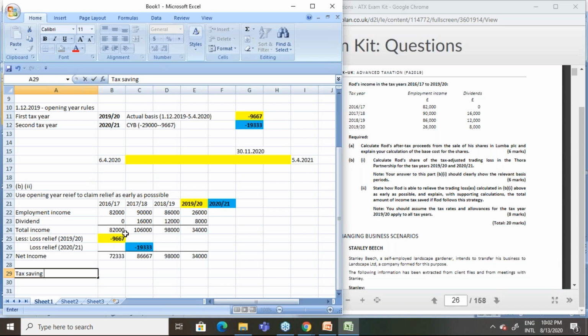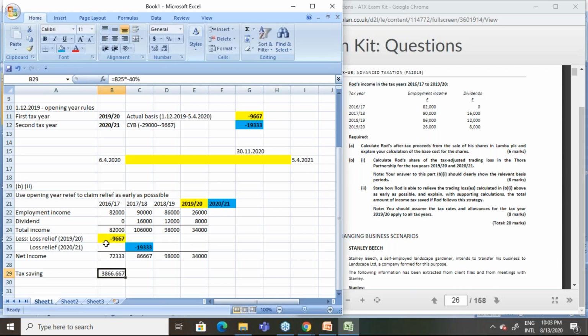You anyway have a total income of 82,000. So even though you deduct the personal allowance, you will be a higher rate taxpayer. Therefore, as a result of this loss relief of 9,667, you can save taxes at the rate of 40%.